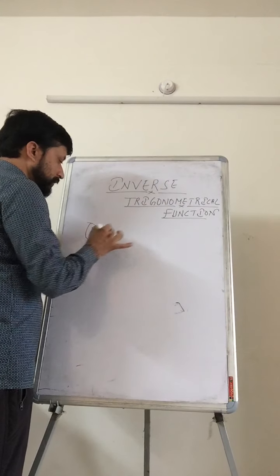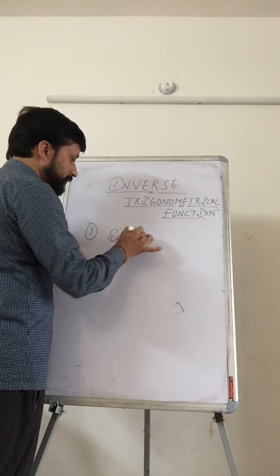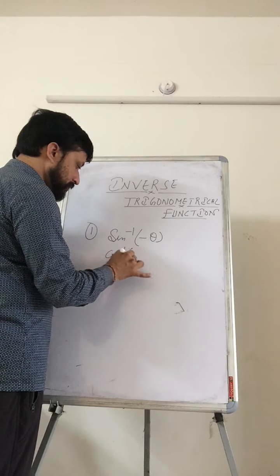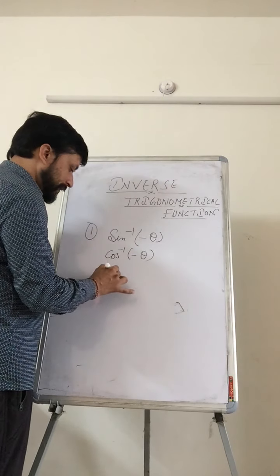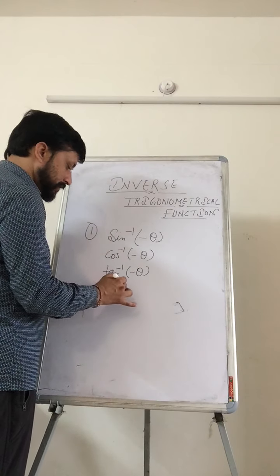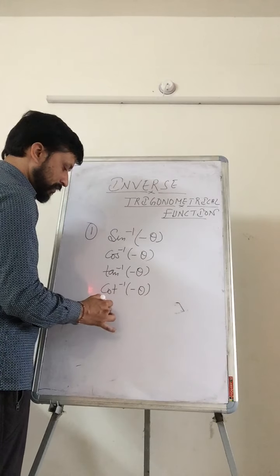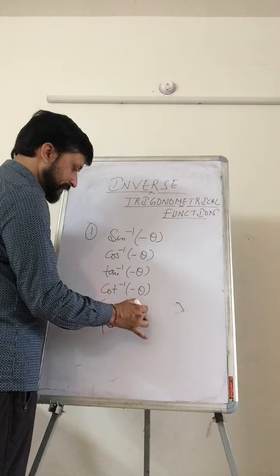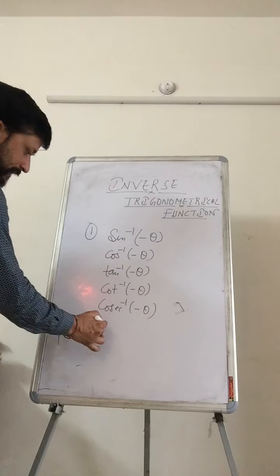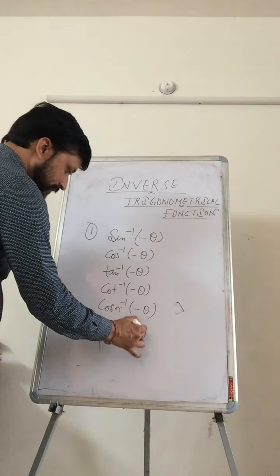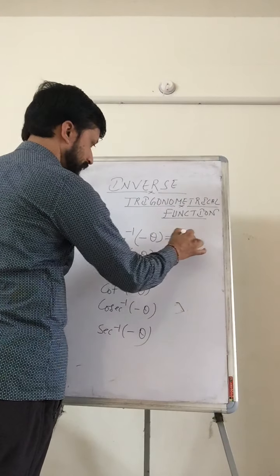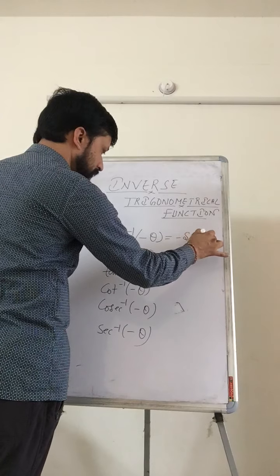First you have to learn sin inverse of minus theta, cos inverse of minus theta, tan inverse of minus theta, cot inverse of minus theta, and cosec inverse of minus theta. 1, 2, 3, 4, 5. What is left? Sin, cos, tan, cot, cosec, and sec: sec inverse of minus theta. See, for sin inverse of minus theta, the minus will come outside and it will become minus sin inverse theta.